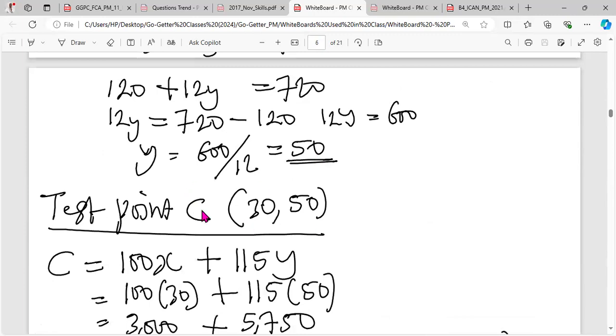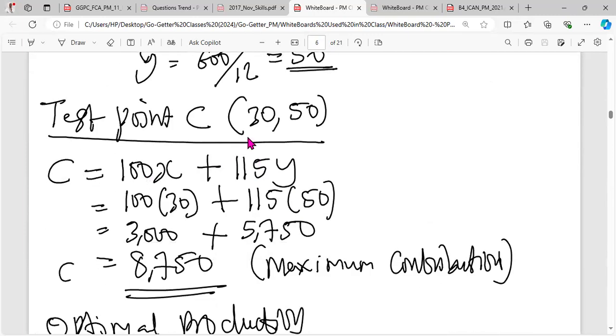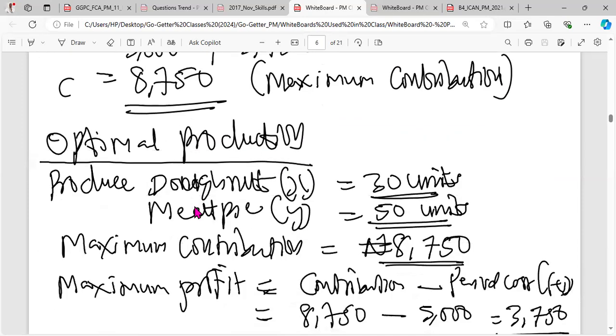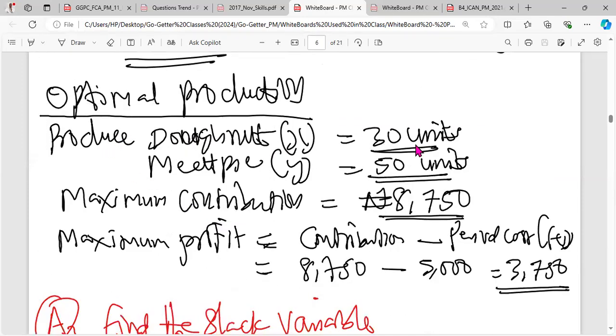We then tested it by slotting 30 and 50 in X and Y respectively in the contribution function, and we got C to be the maximum contribution of 8,750. And we now said our optimal production is 30 for X, 50 for Y. The contribution was this. We decided to find our maximum profit by removing it from the product cost.